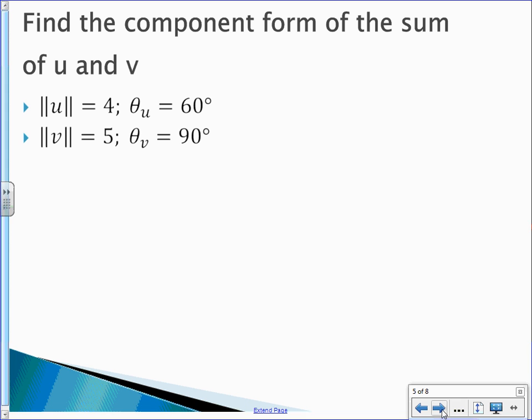Okay, let's talk about this. Here I have u and v, and I have given you the magnitude and direction of each, but I want the sum of u and v. In what order do I find the sum of u and v?